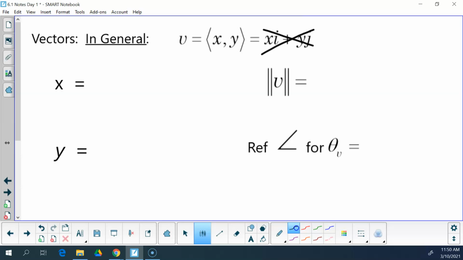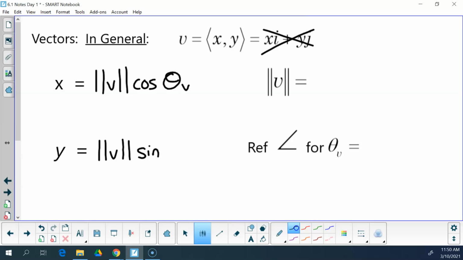Okay? But x here, so the horizontal component, is going to be equal to the magnitude of v times the cosine of the direction of v. Y is going to be the magnitude of v times the sine of v's direction.